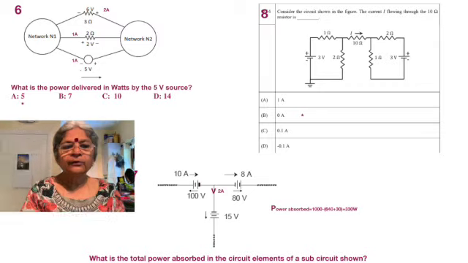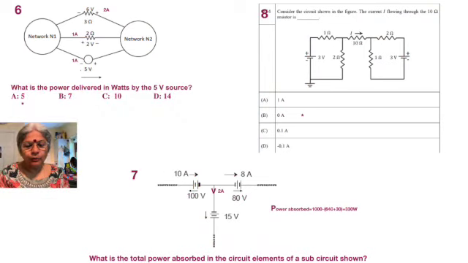Okay, and so now moving on to the 7th problem, which is a similar concept, which tells us again about a sub network with only sources. Okay, and 10 amps flows through the 100 volt source, and they are oppositely directed, which means that it is absorbing power. And 8 amps flows through the 80 volt source, but they are similarly directed, both the voltage and the current.